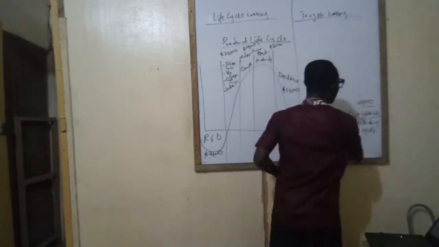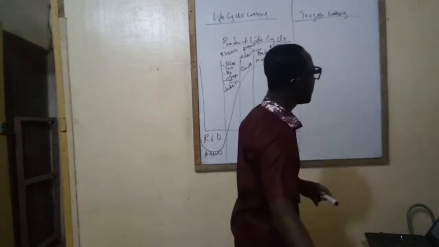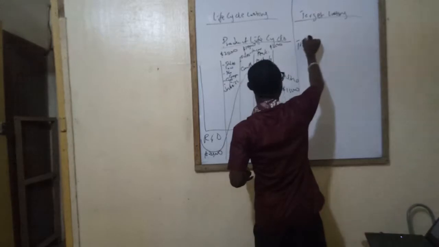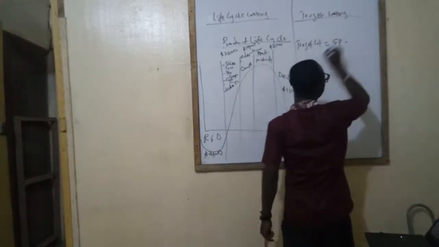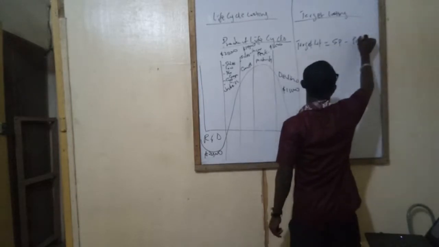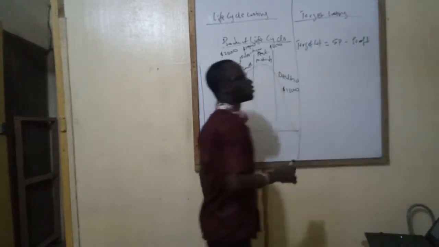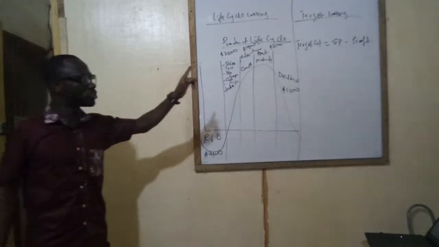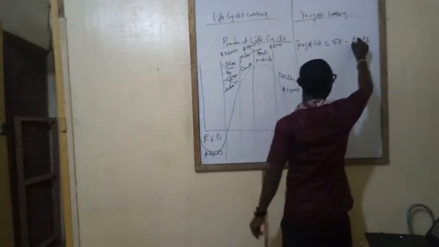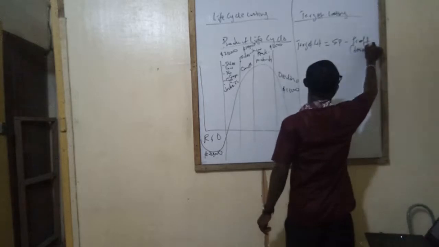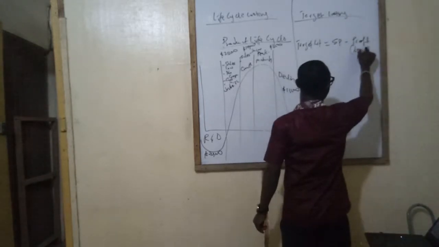So to put it in perspective, target cost equals the selling price minus profit. The target cost is the selling price minus profit. And remember, this is the desired profit of the company.